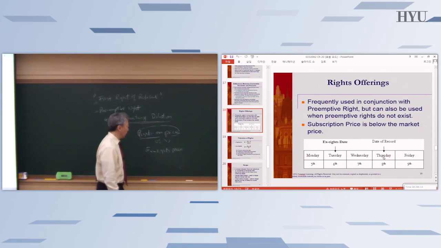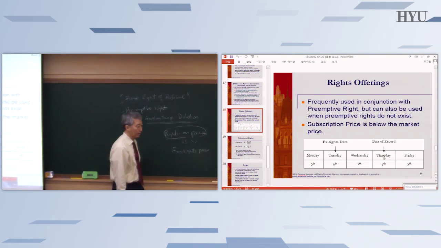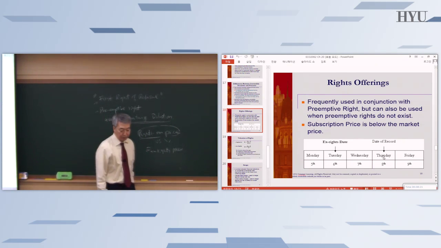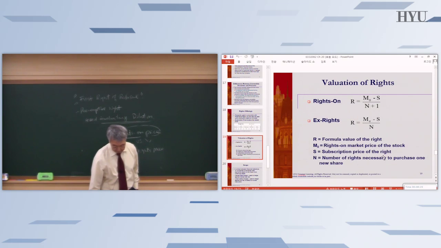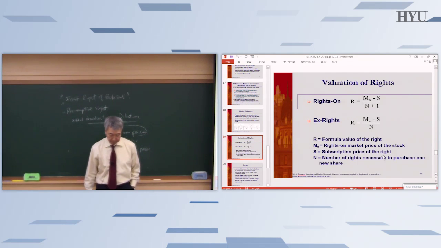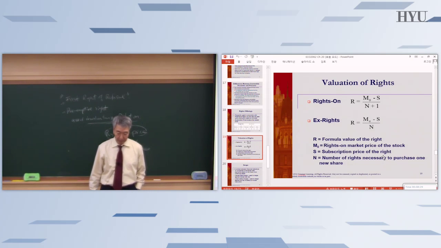But after the ex-rights date, the stock doesn't have that option, so the price will go down. So we can think about the value of rights, because rights can actually be detached and sold in the market.